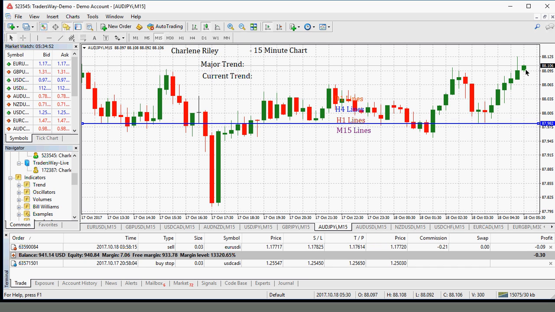So you got a nice uptrend going on right now. So depending on what happens next will determine whether or not you get another good candlestick pattern so you could enter into a trade.